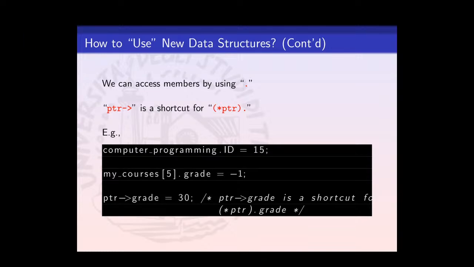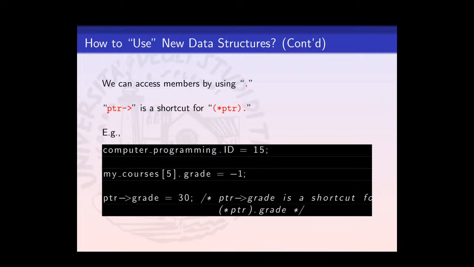So if I want to assign a new ID to an instance of the structure course_t, I can do what is done in the first line. So in the first line we have a variable, computer programming, which has been defined to be of the type struct course. If you remember, the type struct course has a member named ID, which is an unsigned integer.